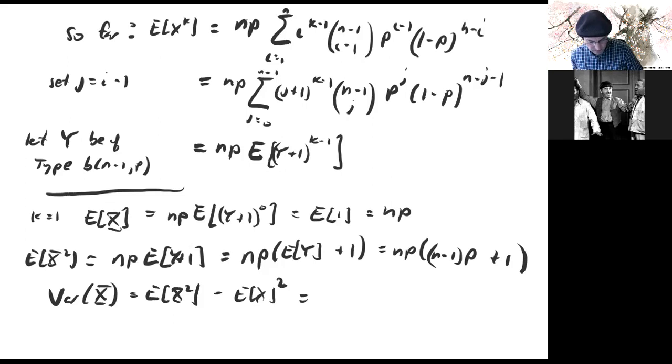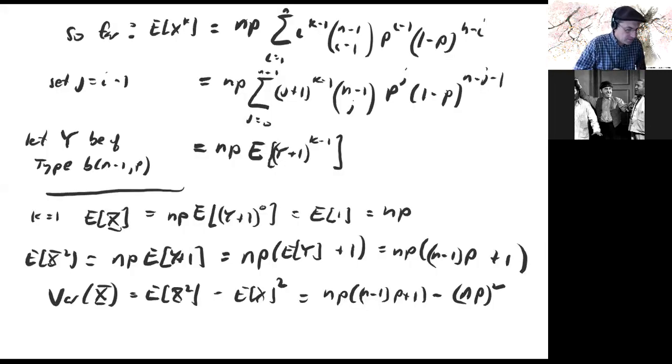So np times ((n minus 1)p plus 1) minus (np) quantity squared. Okay, so what do you get? Well, if you do the algebra, this expression becomes np times (1 minus p). Okay, so that's the main calculation I wanted to do today. Let me summarize it on the next slide.